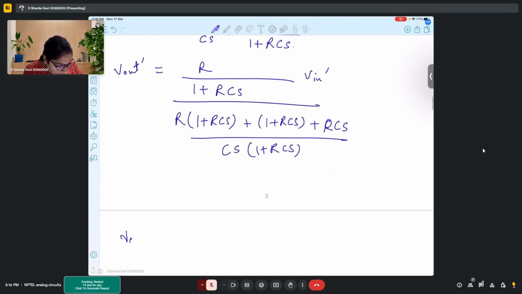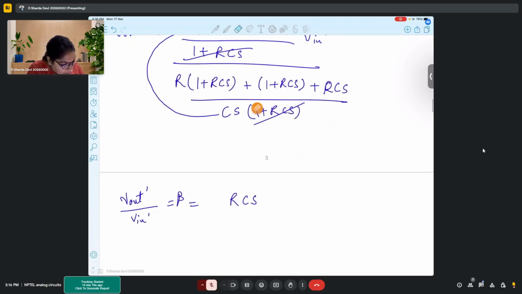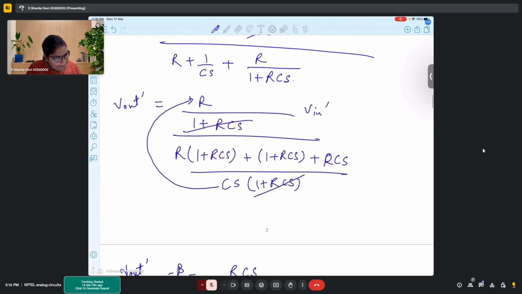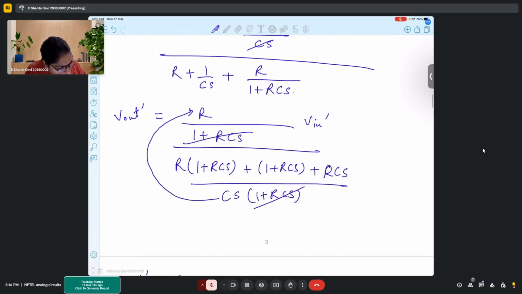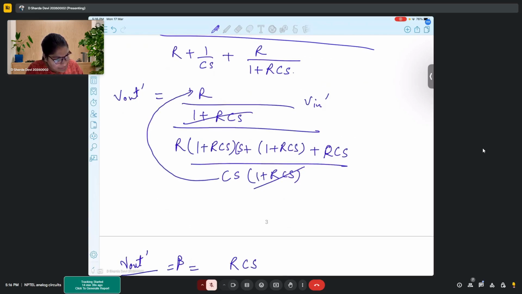So V out dash by V in dash, this is nothing but beta. RCS, these two cancelled, upon, yeah, there will be another CS also, right? CS into 1 plus RCS.